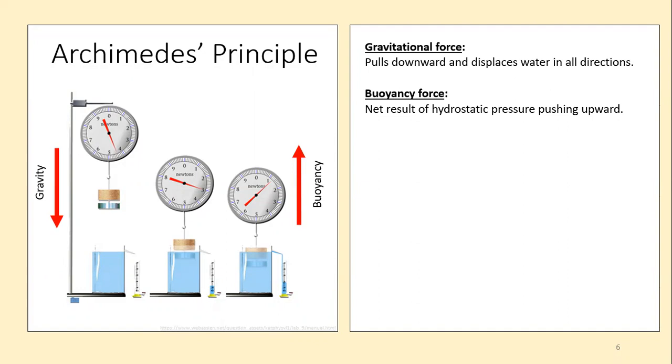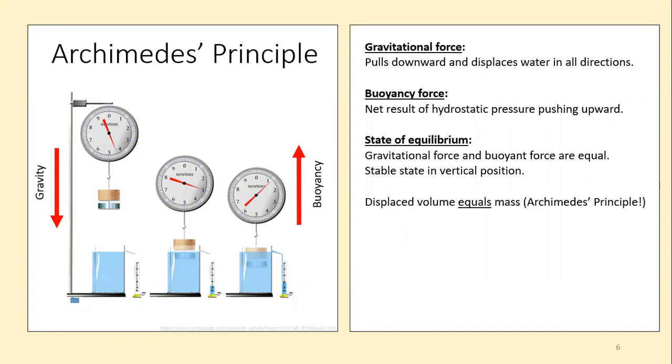If the weight simply hangs above the water, then the full force of gravity pulls down on the weight and it's measured on the scale. But as the weight is partially lowered into the water, the buoyant forces push upward against the floatable weight, and this creates an overflow into the graduated cylinder, but does not represent the mass of the object because a portion of the weight of the mass is offset by the hanging scale.